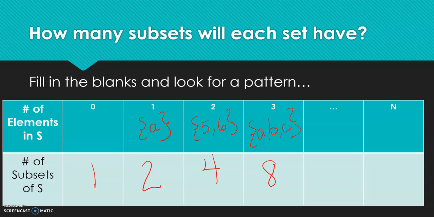Looking at the pattern we're seeing, how do we go from 3 to 8, 2 to 4, 1 to 2, 0 to 1? For any number we want, our number of subsets is going to be 2 to the n, where n is the number of elements in the set.